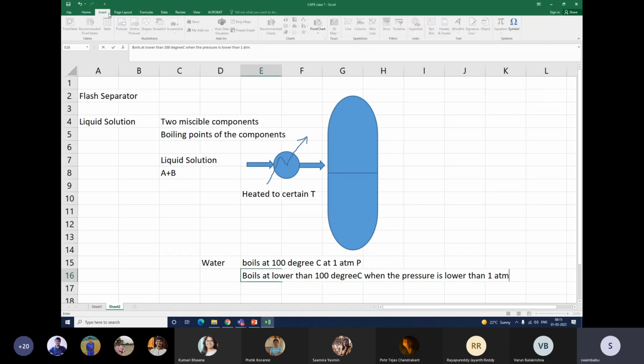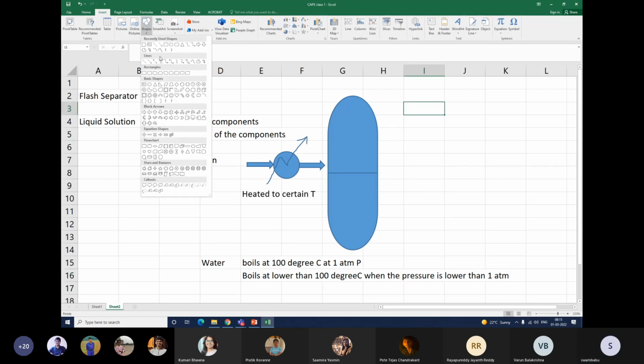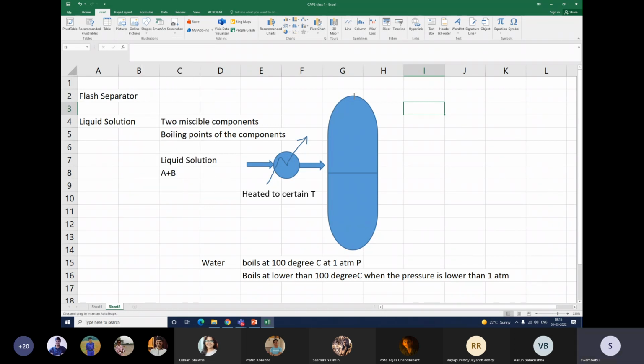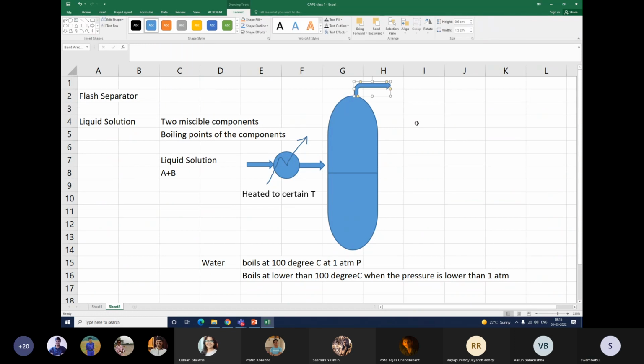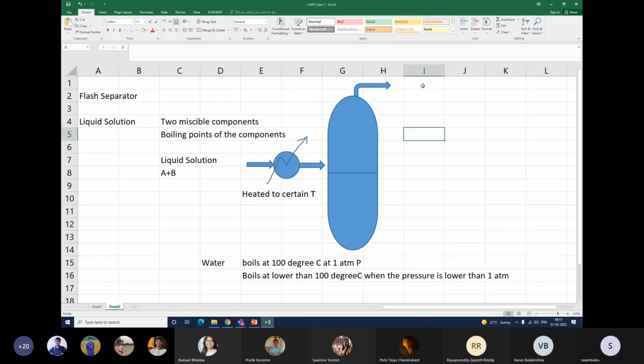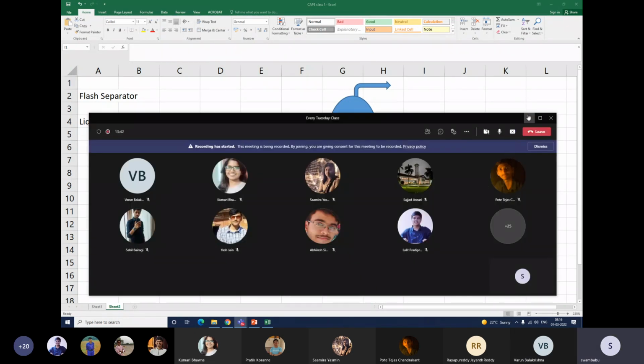Now we get two streams. What are the two streams that come from this? What will come out from the top? Other students should answer. As I said, you will get vapor, yes. Whatever responses you give, it counts, because this is a continuous assessment. If nobody answers, then I will have to call names, which I don't want to do.